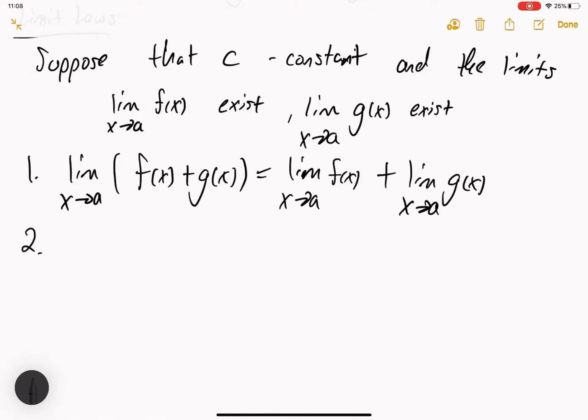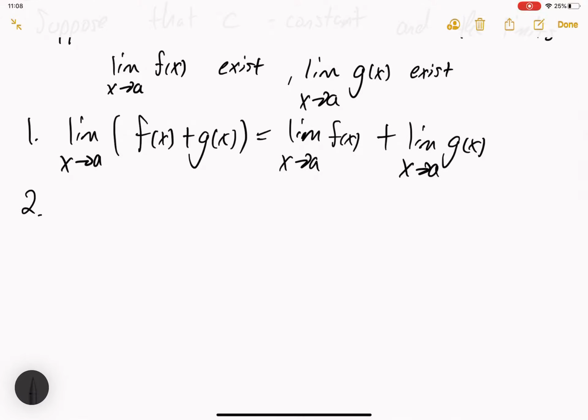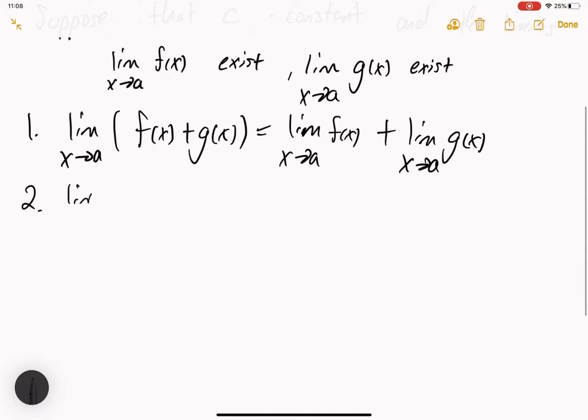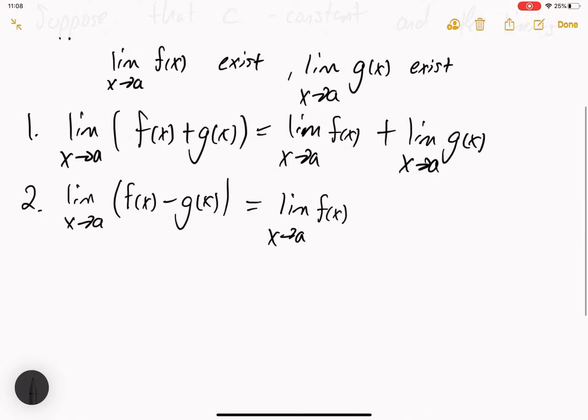Then there's number two, which is similarly defined: the limit as x goes to a of f of x minus g of x. I think you can probably guess what this is equal to: the limit as x goes to a of f of x minus the limit as x goes to a of g of x.